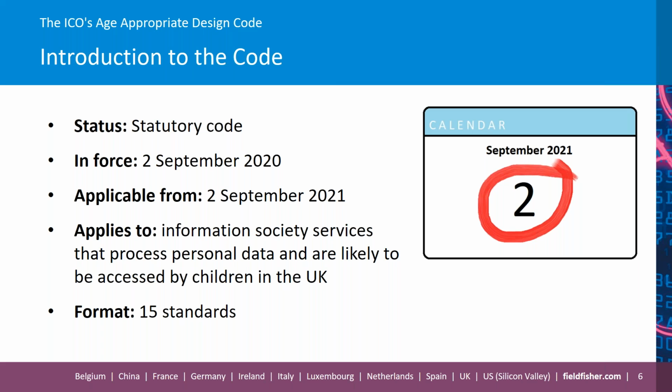And it's going to apply to information society services, ISS, that are likely to be accessed by children in the UK. And as Leonie mentioned, this is potentially an extremely broad scope, and we're going to break it down a little bit further. The code comprises a set of 15 standards, and the code sets out that it aims to protect children in the digital world rather than to protect them from it.